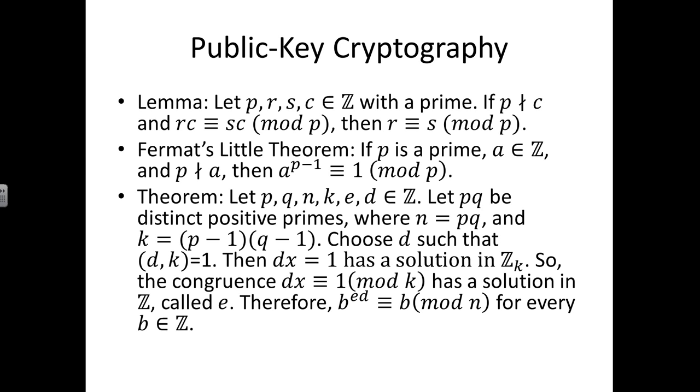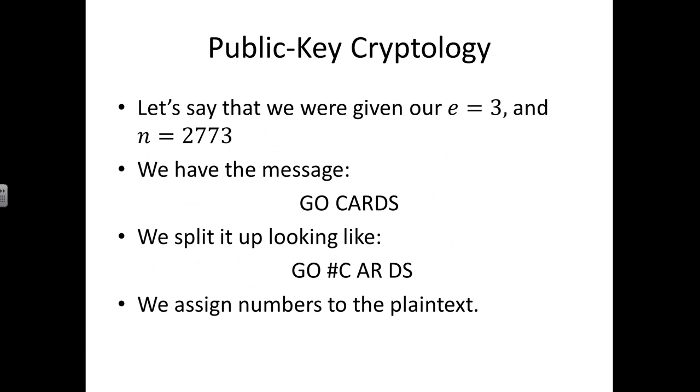In this bottom theorem, you use the Euclidean algorithm in order to find out primes and everything else. So if I already did my Euclidean algorithm, I already know my distinct primes and everything, then I have come to the conclusion that my E value is 3 and my N is 2,773. And we want to encode the message go cards.